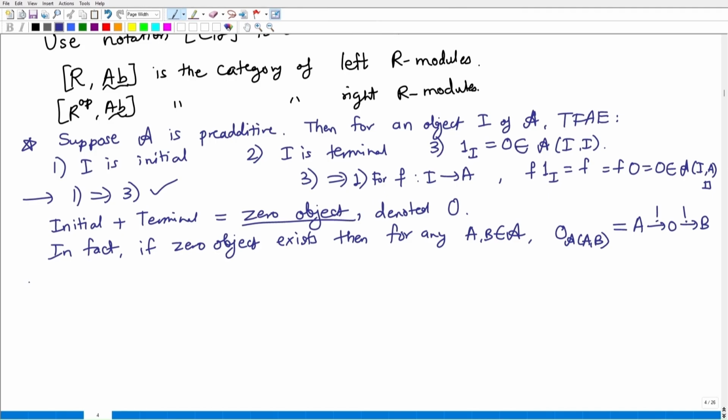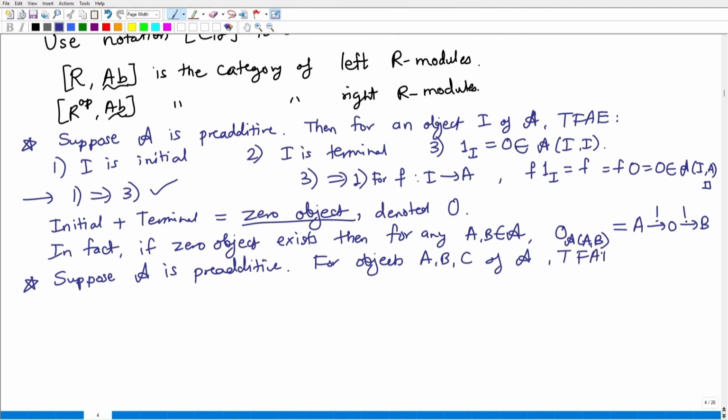Okay, so let's prove another fact. I'm just going to keep taking the same assumption. Suppose the category is pre-additive, although you don't need this strong assumption. So for objects A, B, C, the following are equivalent.